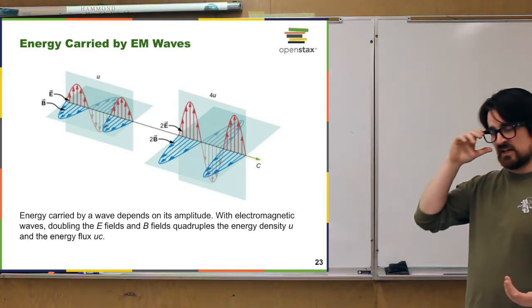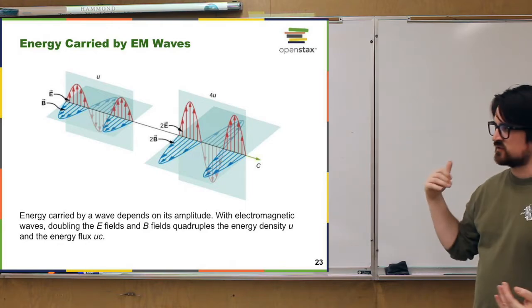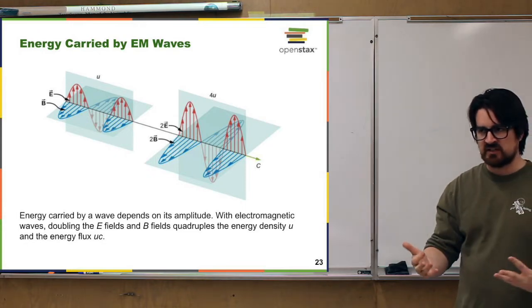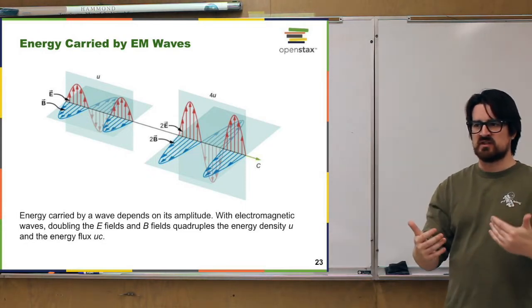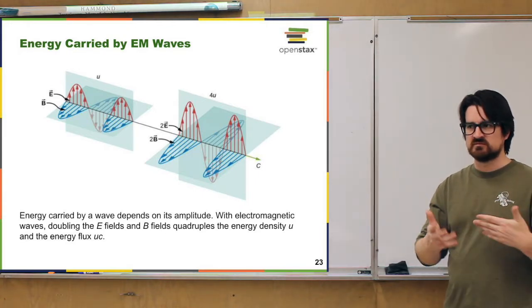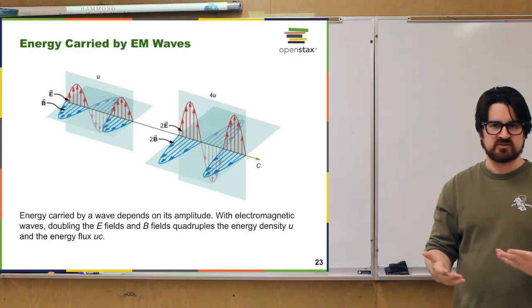We know from analysis of electric and magnetic fields, their energy density is related to the square of those fields. But now we know that electromagnetic fields produce waves, and the intensity of a wave, or essentially the energy density in a sense of the wave, is proportional to the square of its amplitude.